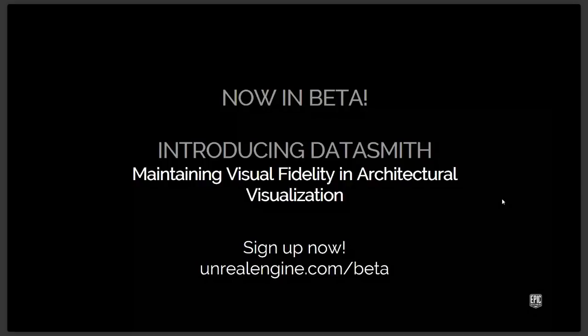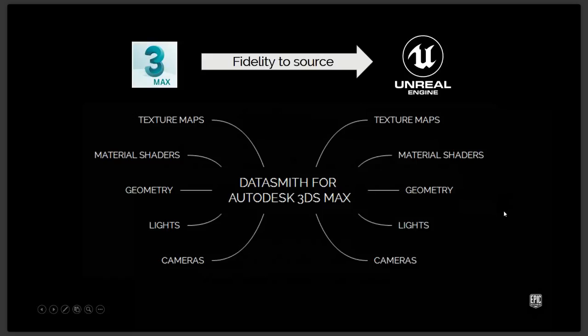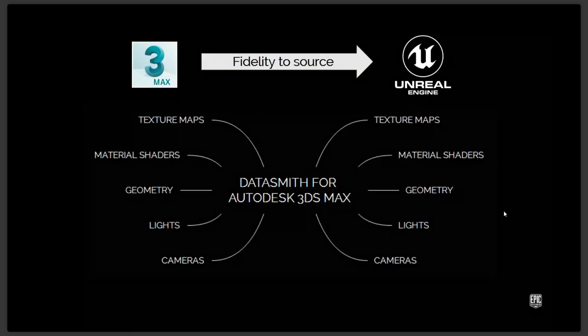At SIGGRAPH this year, we introduced a new tool called Datasmith that is now in beta. The idea behind Datasmith is that it's designed for architectural visualization and specifically 3ds Max to Unreal Engine workflows. Beta is now open. You can sign up for it. I'll post the link in the chat again, but it's right there, unrealengine.com/beta. We support translation of materials, texture maps, material shaders, geometry, lights, and cameras. It's an exporter and an importer tool, and it allows you to maintain the links of your textures and lights.